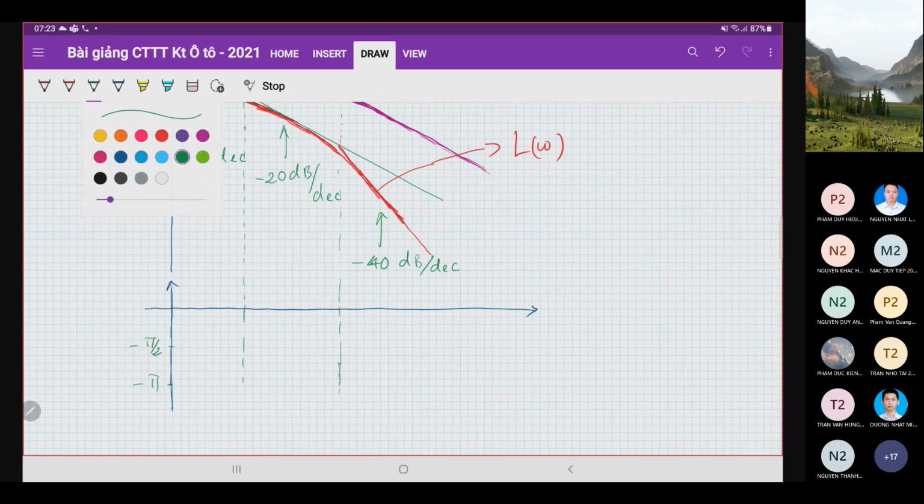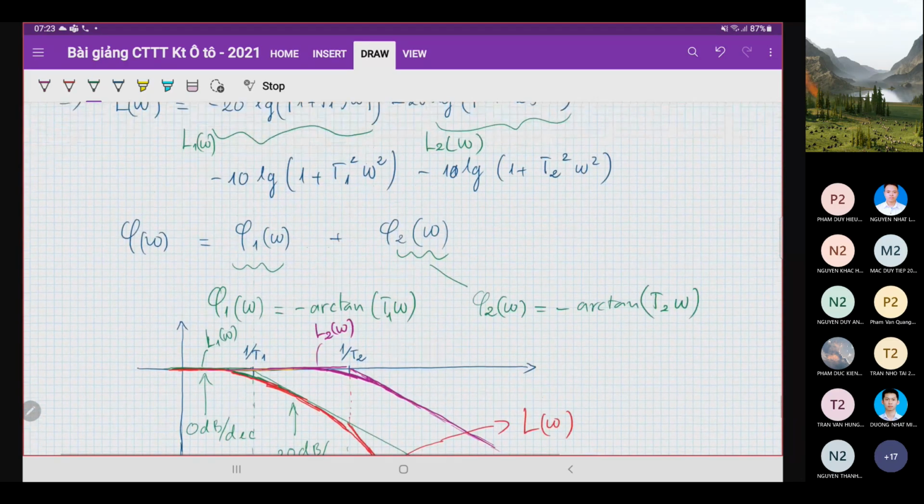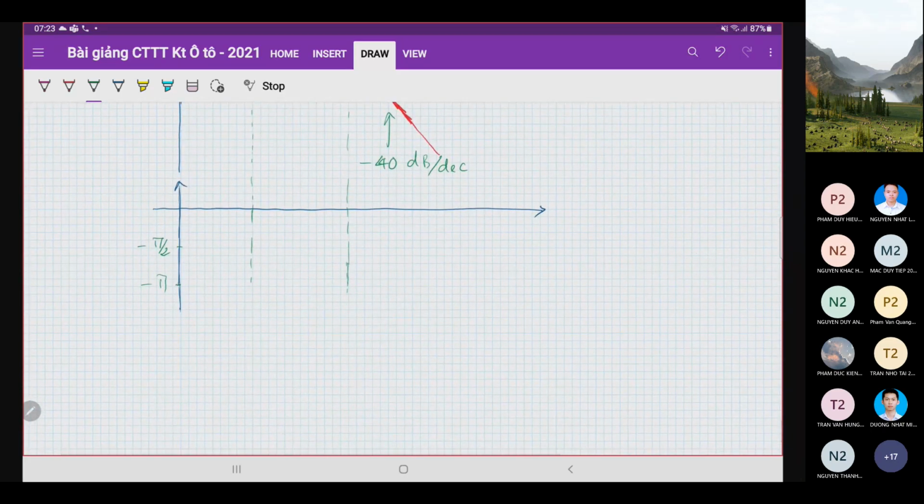Then the first part just means phi 1 will vary from 0 to minus pi over 2, right? So we have the first one here with the break point here. Here will be phi 1.